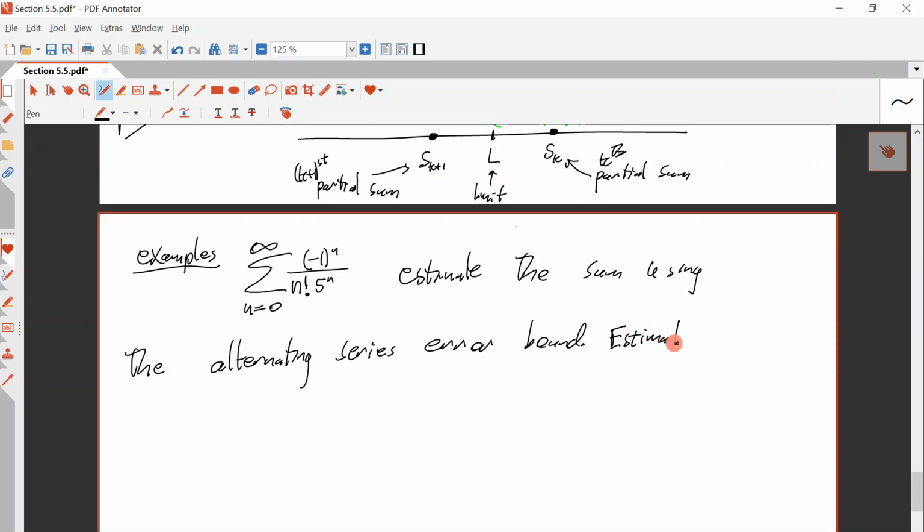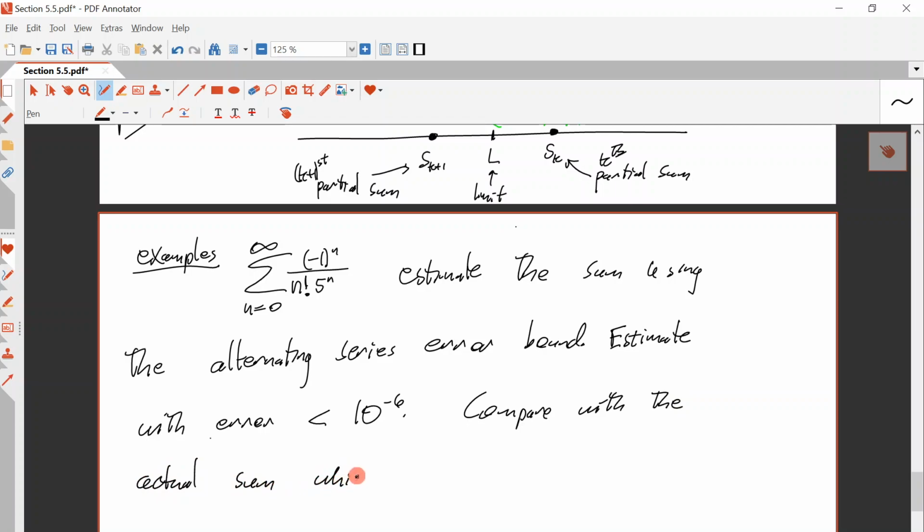Estimate, now let's say, estimate with error less than 10 to the minus 6. Compare with the actual sum, which is e to the minus 1/5. Okay, so we're going to compare to that.